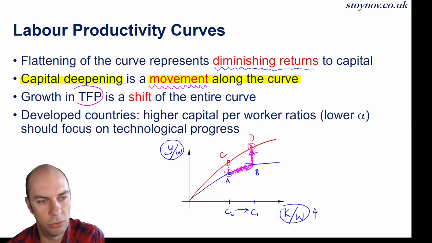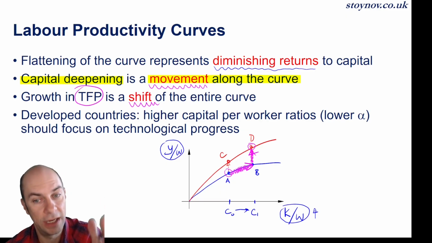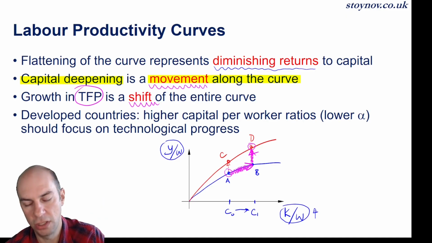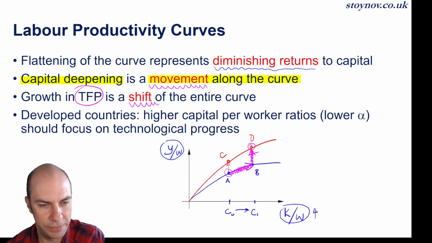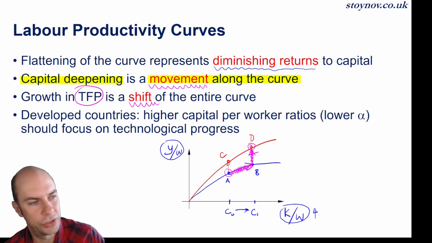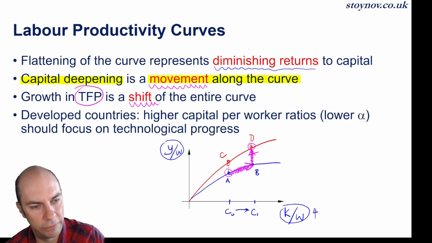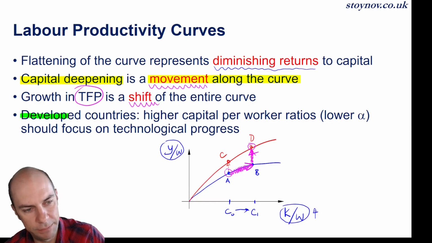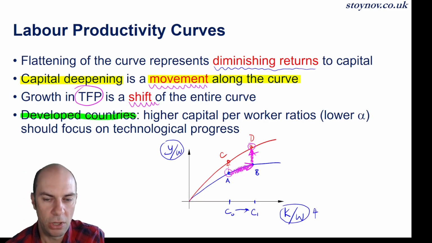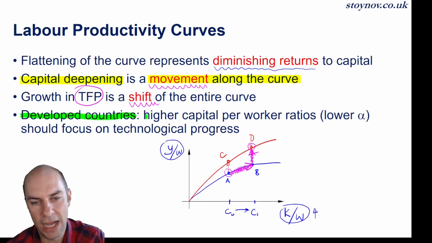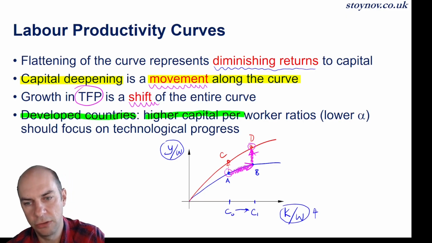Growth in total factor productivity or technology is a shift of the entire curve, remembering that each curve is drawn per level of technology. And here there's a very interesting point that you should be aware of. If we take a developed country like the US, we know that these types of countries already have high capital per worker ratios.